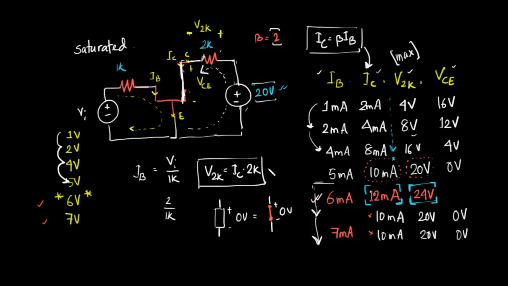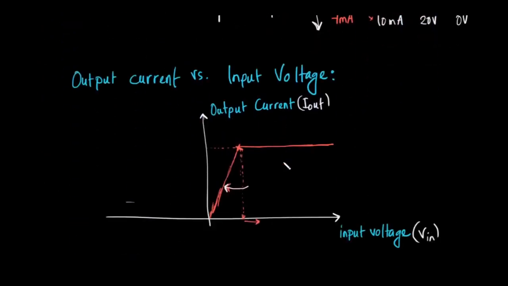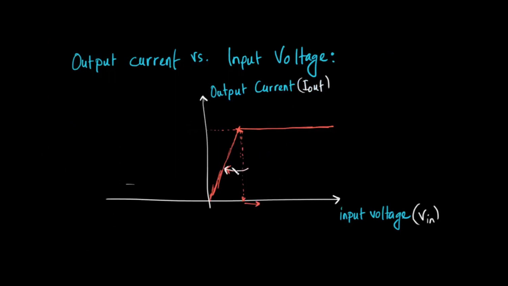So in this range, the transistor was acting like a controlled source.